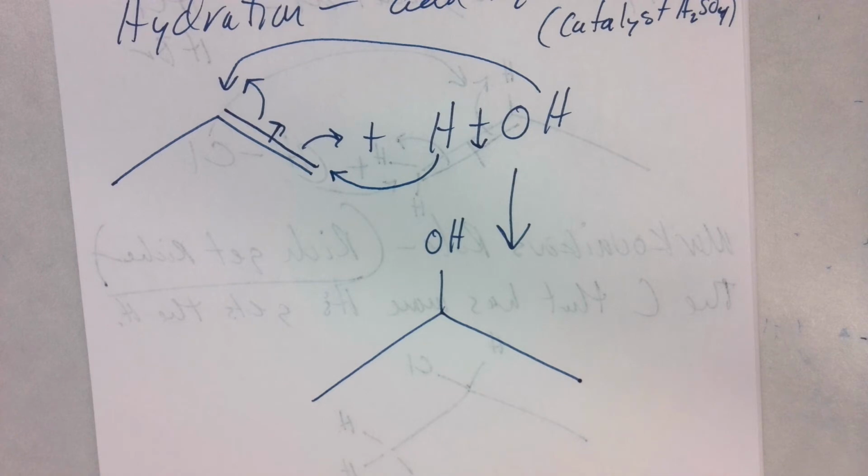I believe it's the only strong acid you can use there is sulfuric acid. So really we're talking about two catalysts. We're talking about sulfuric acid for hydration, and then we were talking about palladium for hydrogenation, correct?